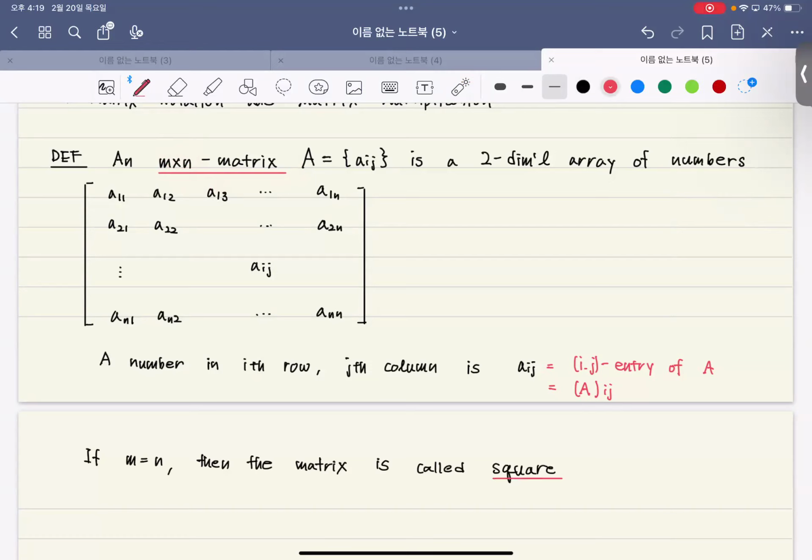Okay, so this is my definition of the matrix.